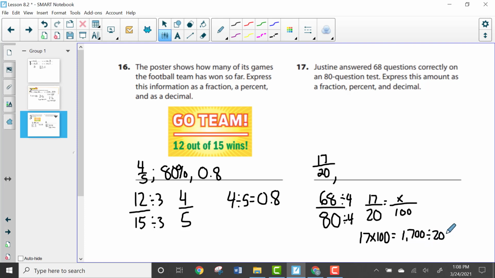And we can see that's going to give us 85 for the percent. So 85%, not too bad for a test. And then if we're taking that 85%, turning it into a decimal, remember it's understood that the decimal is to the right of the ones place. If we don't see it already, move that decimal 2 places to the left for 0.85.